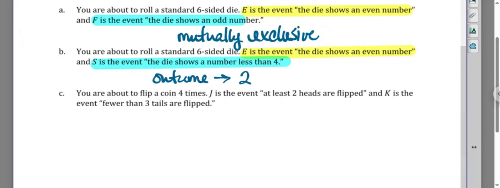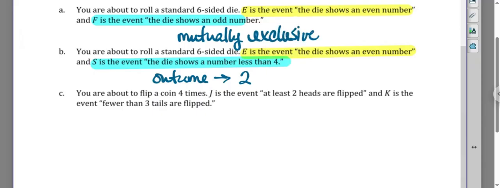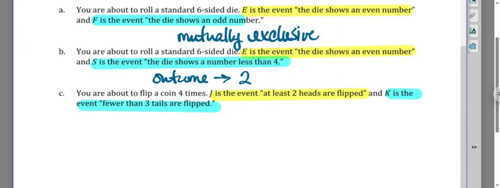So letter C, you're about to flip a coin 4 times. J is the event. At least 2 heads are flipped. K is the event. Fewer than 3 tails are flipped. So the question is, can you get at least 2 heads and fewer than 3 tails at the same time? Yes. So it is not mutually exclusive.